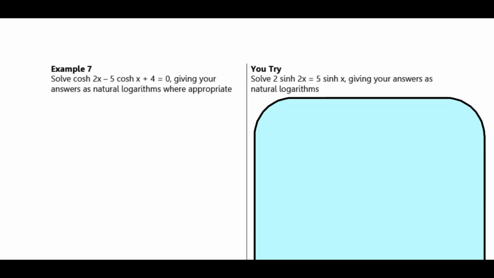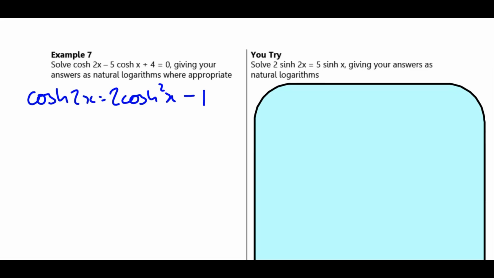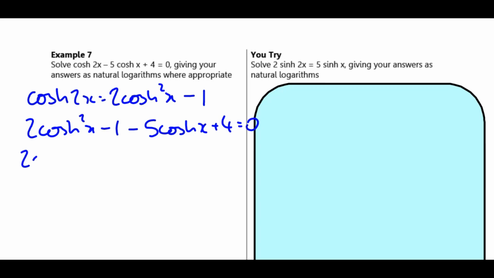We're going to use an identity again for this one, but this time we want to turn this into a disguised quadratic in cosh. So we're going to use the formula for cosh 2x equals 2 cosh squared x minus 1, the same as the one for trig, because there's no products of sines in here, so it doesn't change. So we get 2 cosh squared x minus 1 minus 5 cosh x plus 4 equals 0.